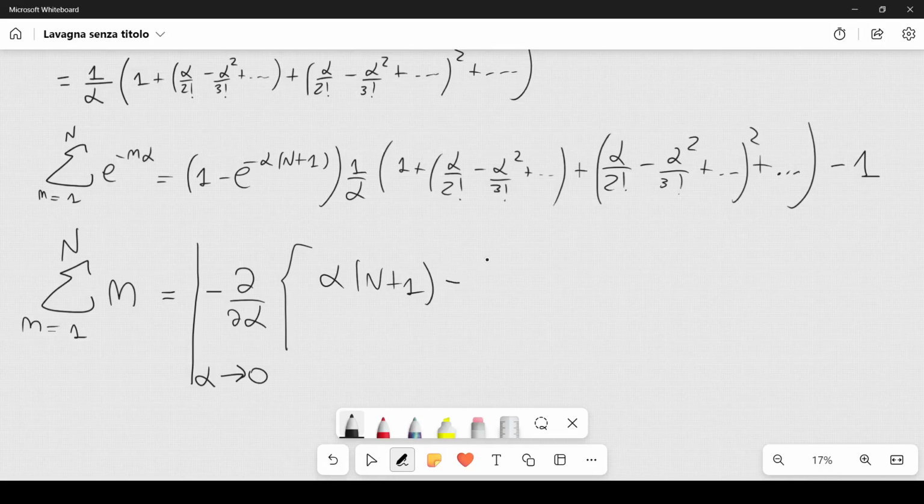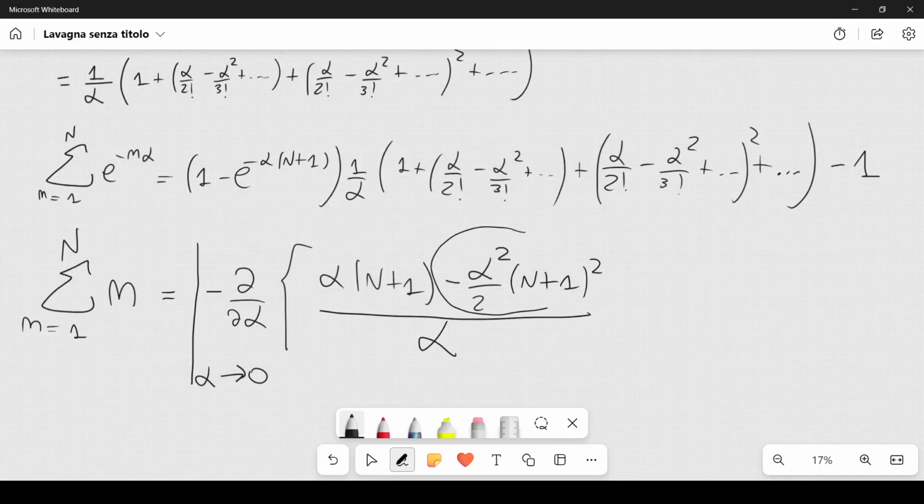Let's take also the second order, minus alpha squared over 2 factorial, which is just 2. And then we also have n plus 1 squared here, and we divide by this alpha. We will realize soon that we also need this second order quantity. In principle we can have other higher order terms here, but they will not be necessary.